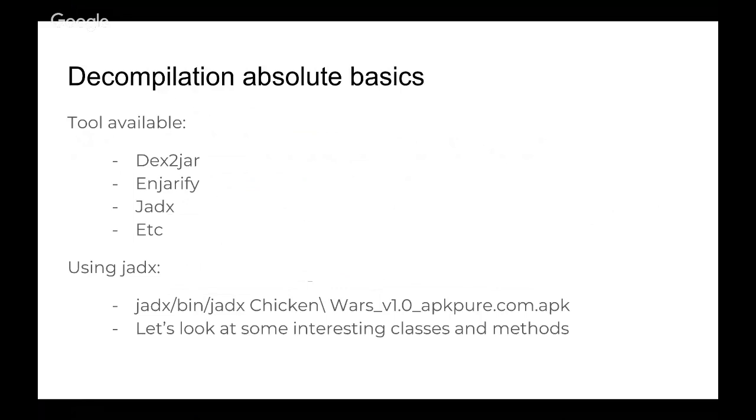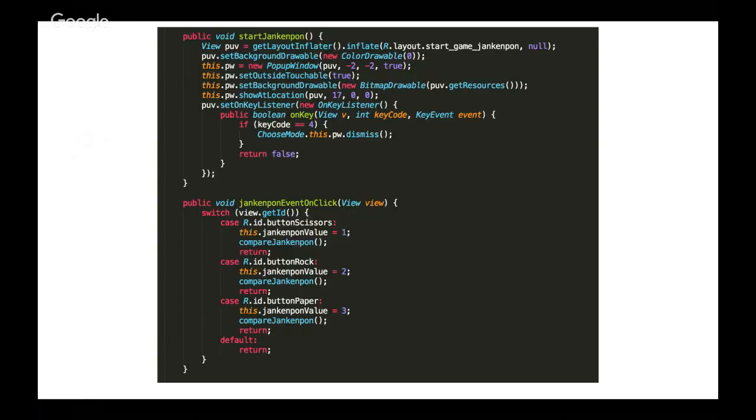We figured out some interesting classes and some interesting methods, and let's take a look at those. When we started off, the first thing we tried to do was to figure out how to win the toss every single time. Whenever you won the toss, you would be in the attacking position the very first time, right?